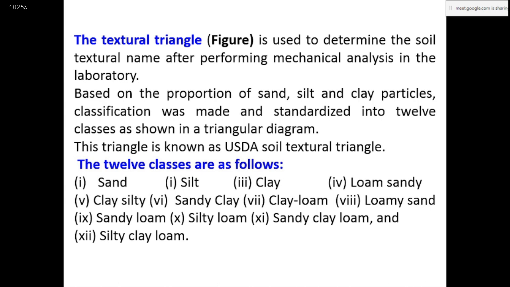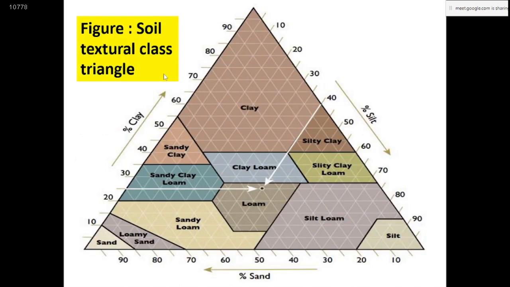This triangular diagram is known as the USDA soil texture triangle. The 12 classes are as follows: sand, silt, clay, loamy sand, silty clay, sandy clay, clay loam, sandy loam, silty loam, sandy clay loam, and silty clay loam. So this is the textural diagram.